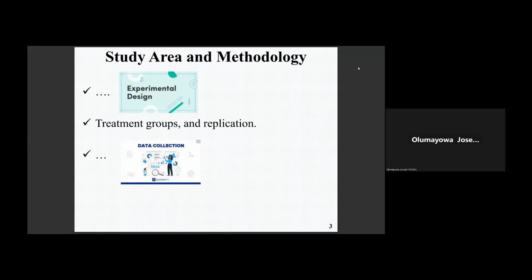The plot layout is 5 by 4 meters, and the design was replicated 3 times. We have 36 experimental units.